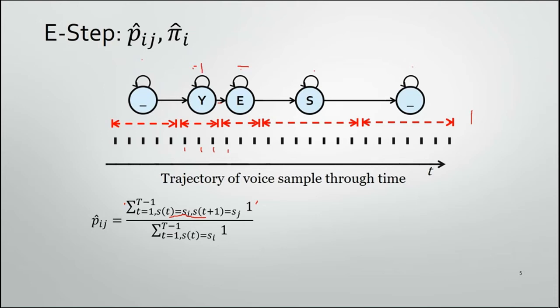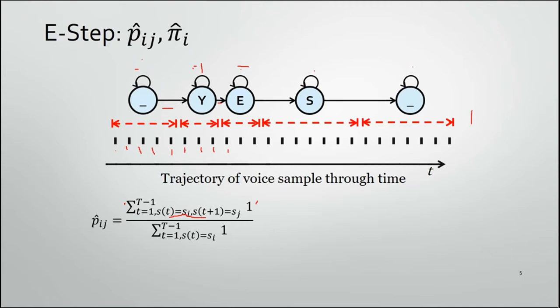Likewise, it stays for 1, 2, 3, 4, 5 time steps in the initial pause before it transitions to the state Y. Therefore, this is 1/6 and this is 5/6.